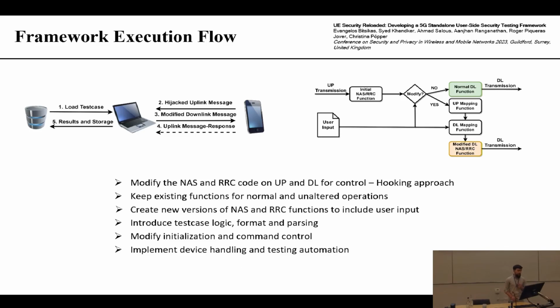In summary, we modify the NAS and RRC code for uplink and downlink, and keep the existing functions for normal operations before and after the modification. We create new versions of all functions, introduce test case logic, format parsing, and initialization of both software and command control. And finally, we try to implement device handling and testing automation as much as possible.